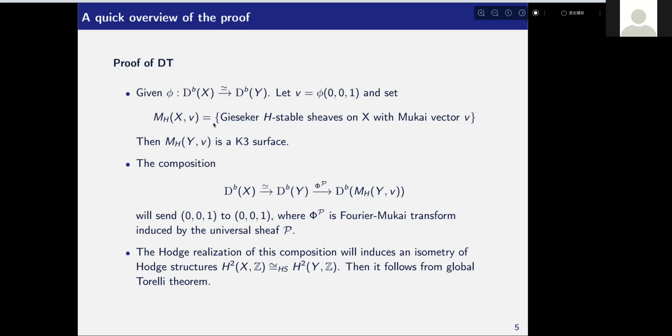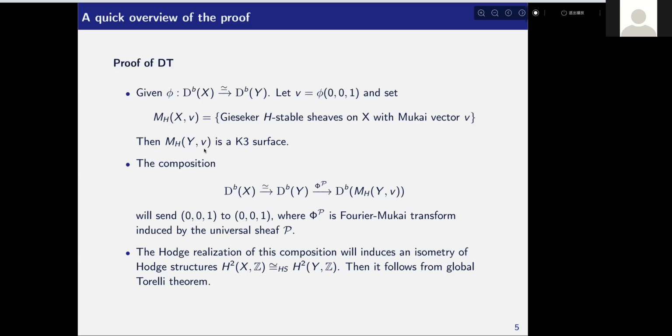We consider the following moduli space, where H is some generic ample line bundle: the moduli space M_H(v) of H-stable sheaves on X with Mukai vector v. In this case, Mukai shows that this will be a K3 surface, because v is the image of (0,0,1) under phi, and the induced map phi on the Mukai lattice preserves the intersection form, so it is an isometry. So v squared will be 0, and you will get that this is still a K3 surface.